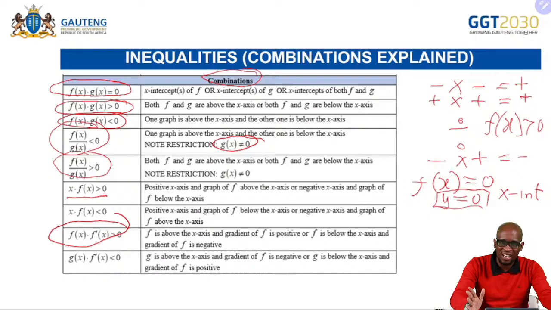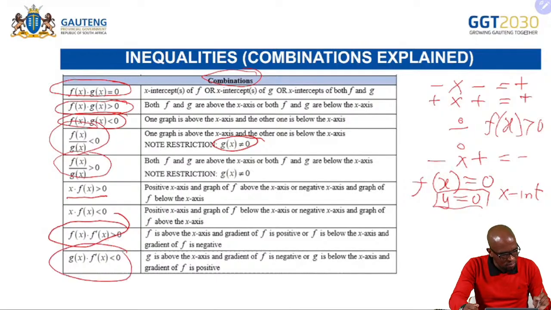We are now comparing the graph of f together with its gradient. You can do the same as well with g of x times f dash x is less than 0. Here you are looking at where the graph of g and the graph of the gradient of f have opposite signs, because it says here less than 0.